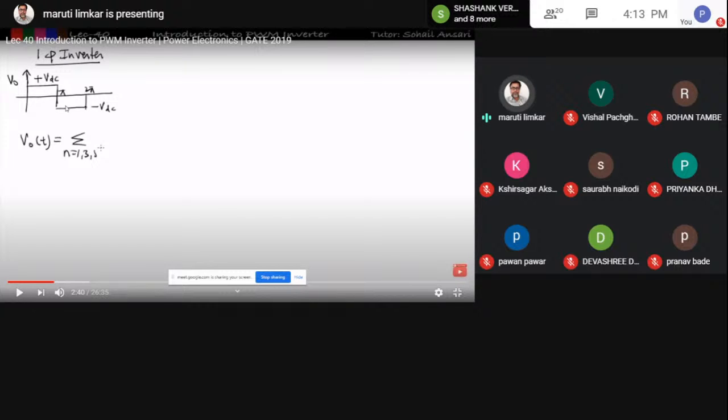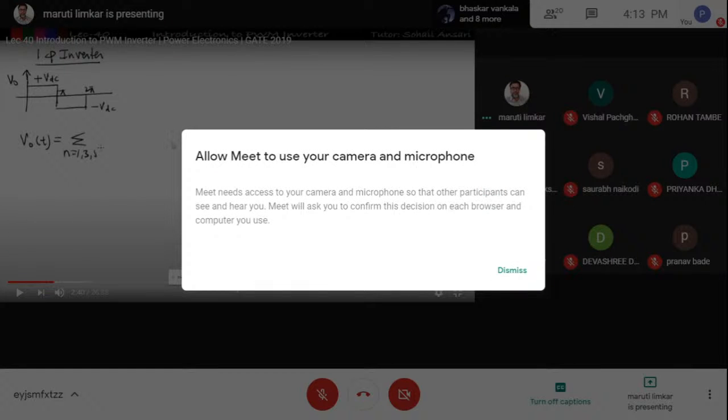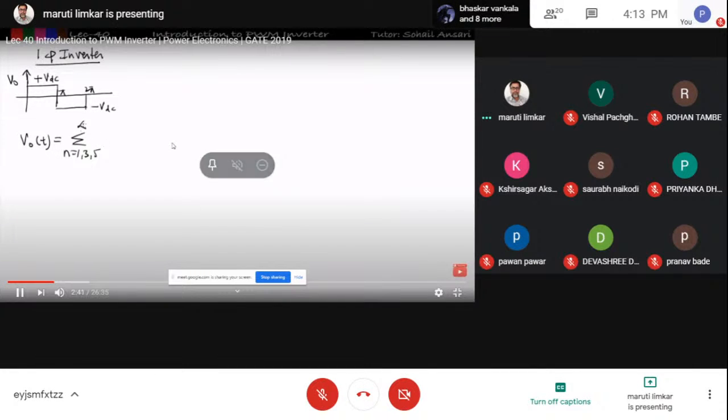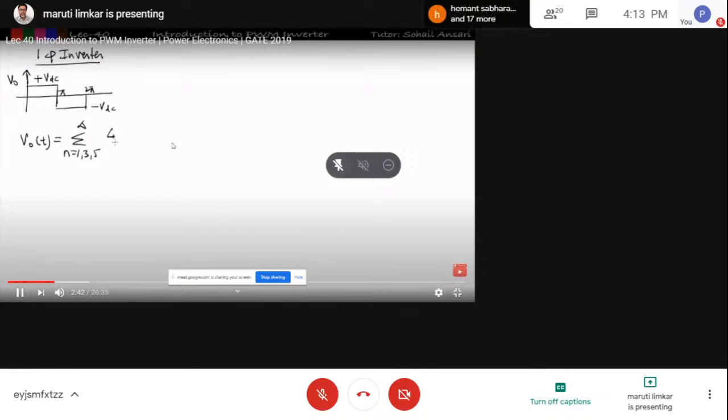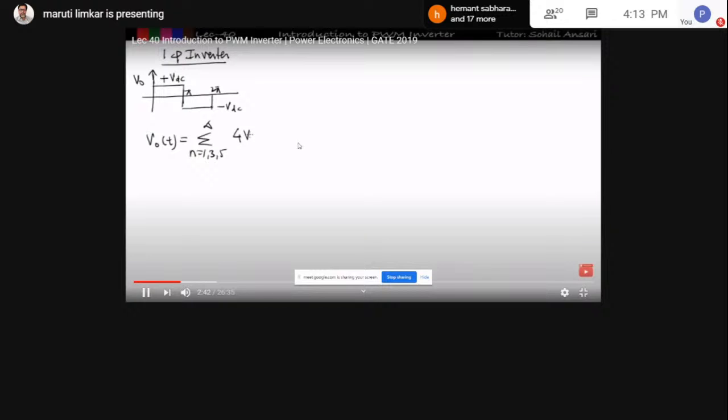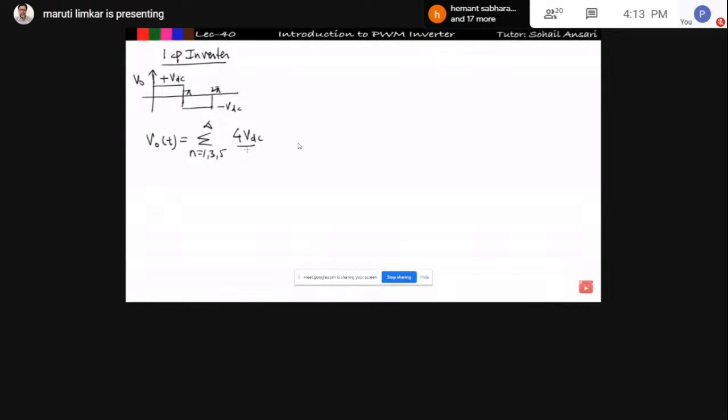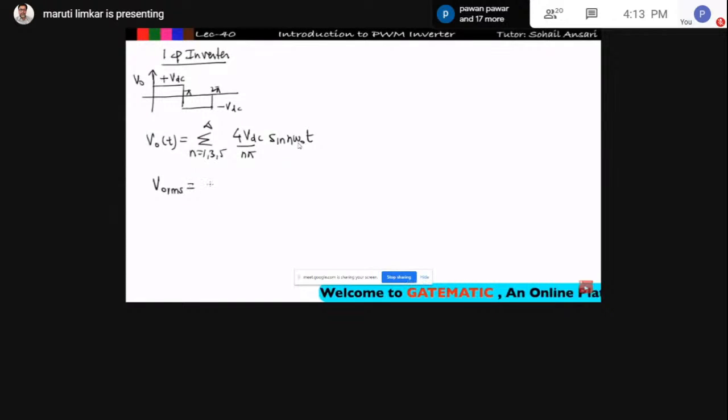Then current flows in the opposite direction, so the voltage is negative. So at that time you are getting this part: summation up to infinity of 4 VDC upon n pi into sin n omega naught t. This is my Fourier series, right? And the total RMS output voltage I was getting for the full bridge inverter is equal to VDC only.